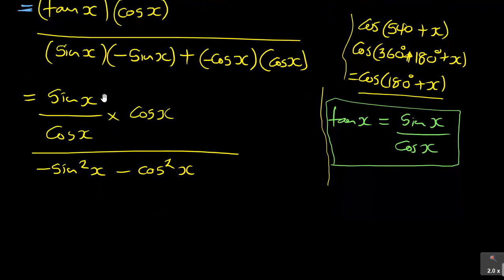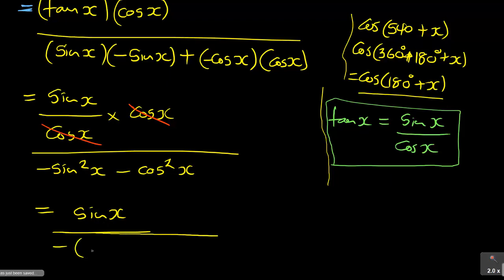So with that, you continue. The cos and the cos will cancel, so that at the top we are going to have sine x over 1, so you'll have simple sine x over, let's take out the negative at the bottom. It's going to be factorize negative, put a bracket, it will be sine squared x plus cos squared x.